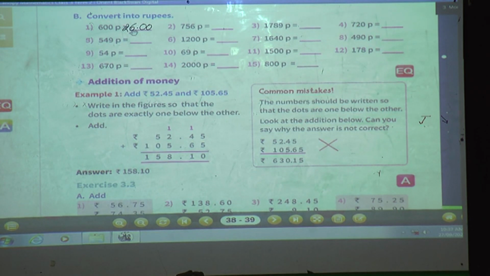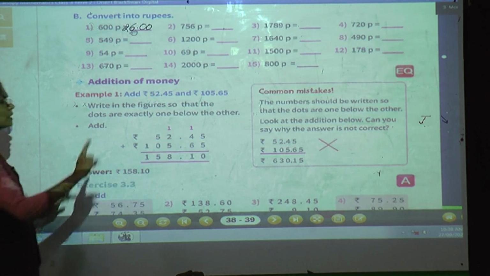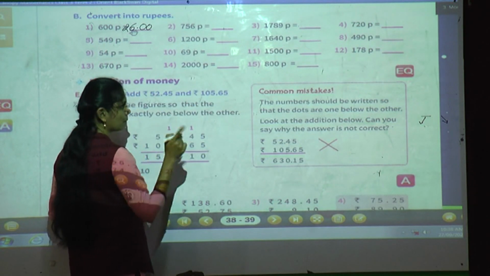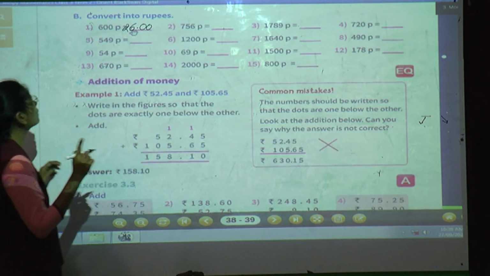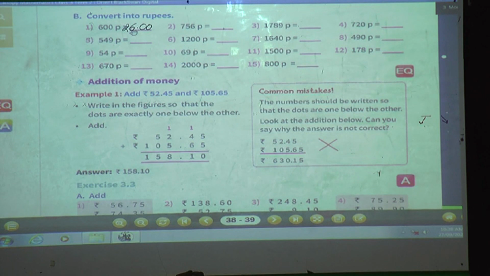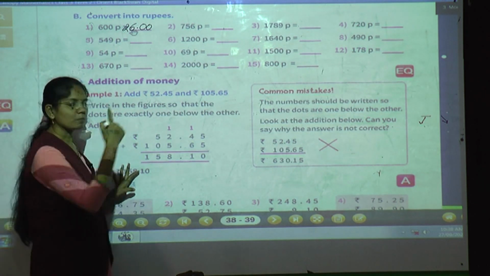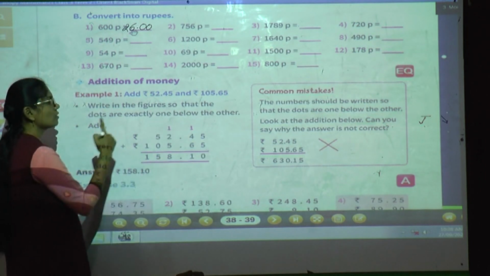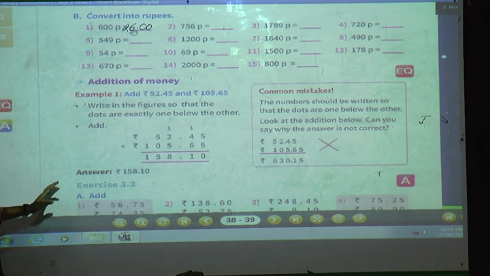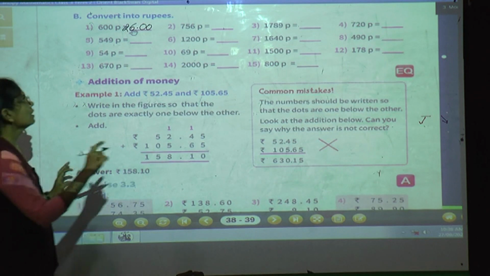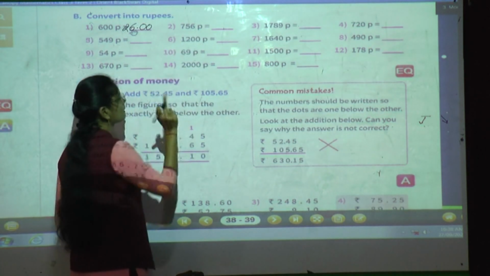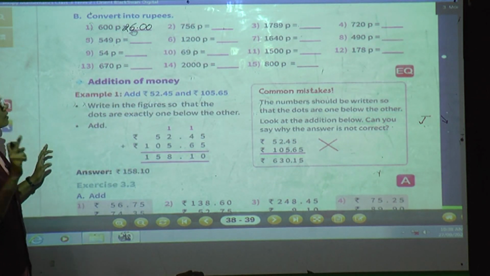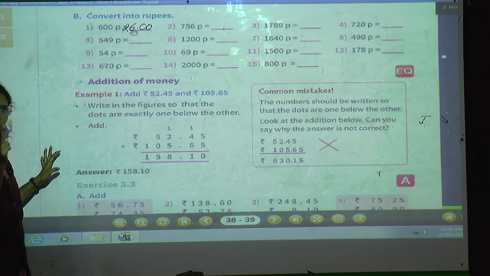756 paise. What will you do? From the right side, remember this thing in your mind. If you want to convert paise into rupees, then from the right side before the second digit you have to put a dot. Okay, now see this example, 756 paise. This paise we have to convert into rupees.